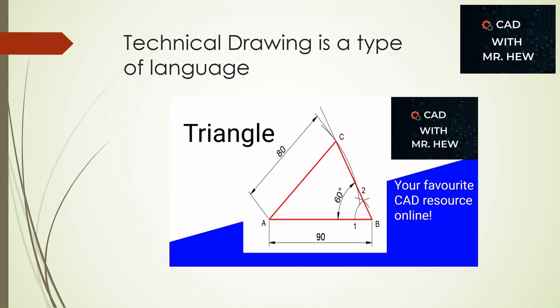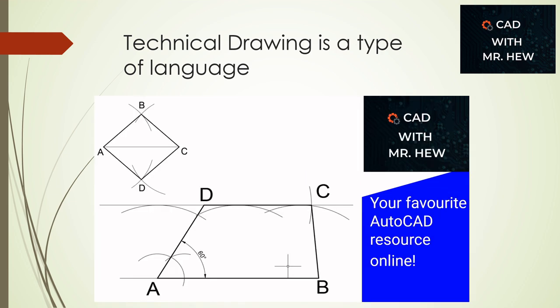So, we're continuing the subheading technical drawing as a type of language. Technical drawing is similar to writing as we discussed in the previous slide. And the characteristics of writing were explained in the previous slide. When you draw an object, it forces you to think about what you are representing.